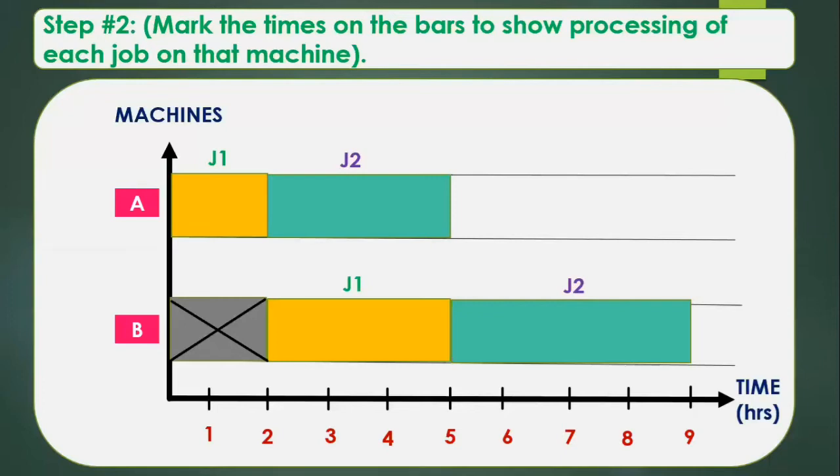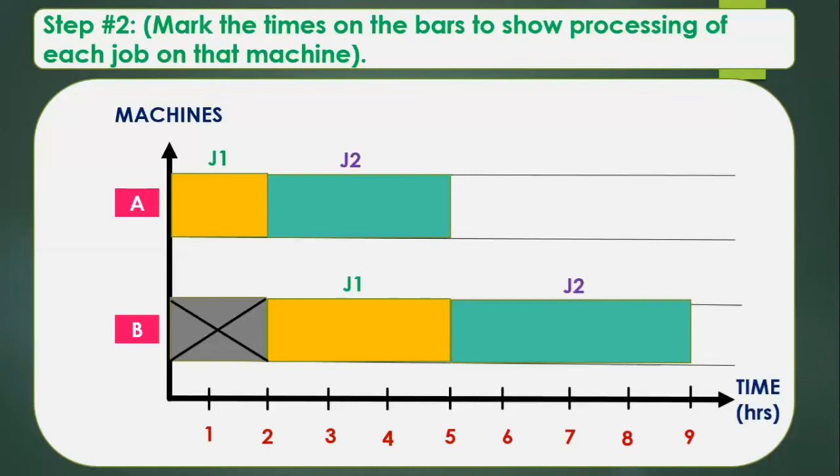We have job 1 and job 2. And as you can see on our graphical presentation, job 1 is represented by the orange bar, and job 2 is represented by the green bar. Now, remember, based on our problem, they are to be processed.